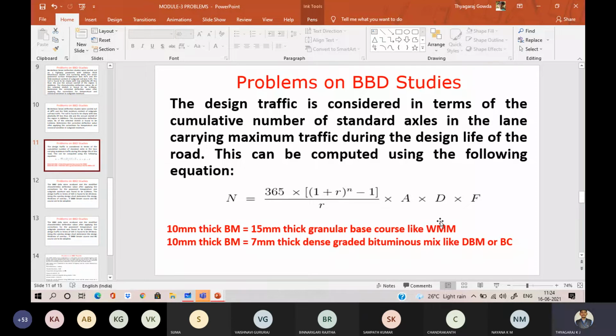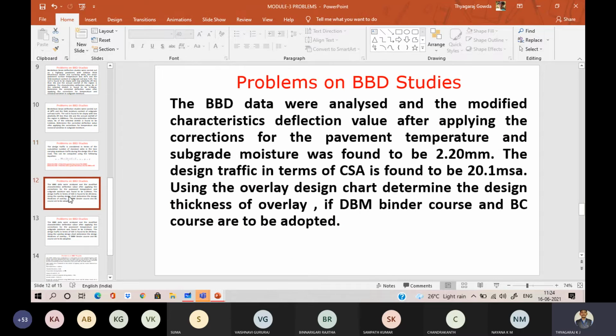So kindly tell me when it is completed. We'll go for a problem. We'll write a problem and we'll go for the solution. Done, sir. Okay. Note down the first problem.